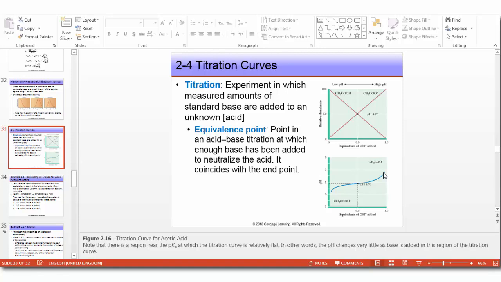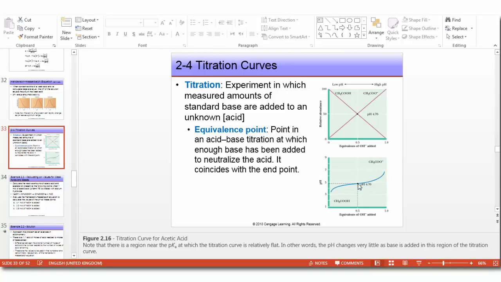Now as we saw in our discussion of the Henderson-Hasselbalch equation, the pH value equal to the pKa corresponds to a mixture with equal concentrations of the weak acid and its conjugate base. So in this case both acetic acid and acetate ion exist, and the pH at the inflection point is equal to the pKa of the acid, as we can see here.